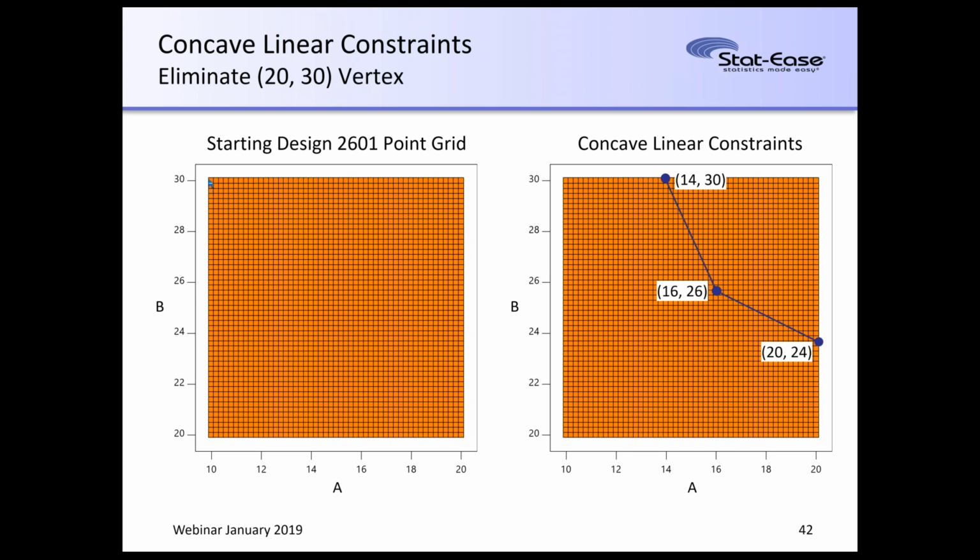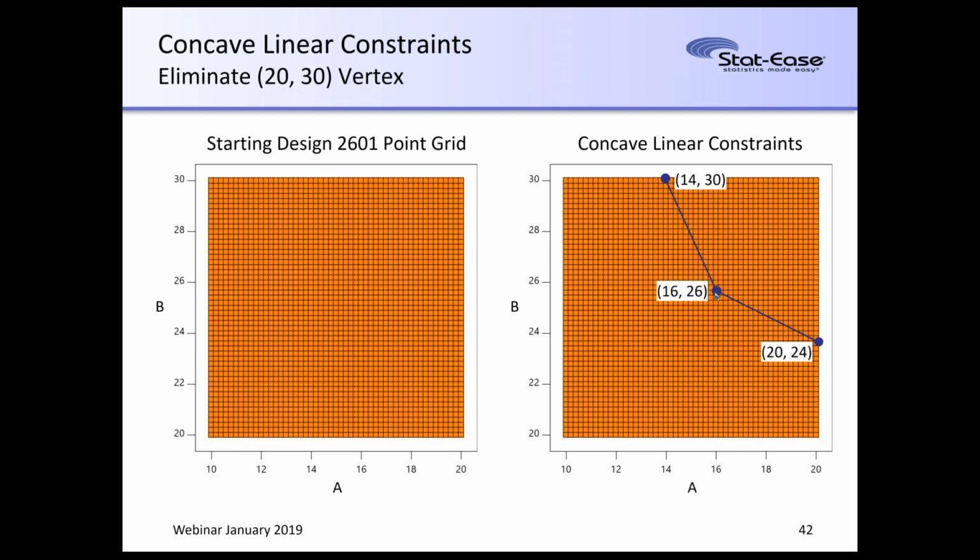And wherever these lines cross, each corner of these cubes is a run. Now the constraints I want to have are like this. So I want to cut off the corner that's high. Now I add a constraint that goes from the point that's A14 and B30 down to A16, B26.